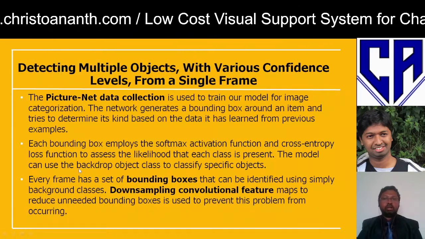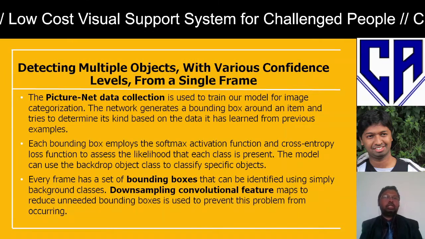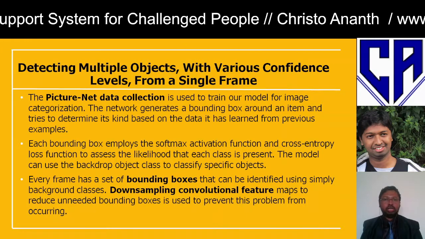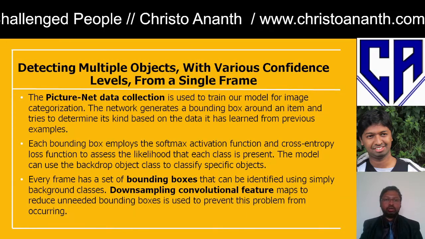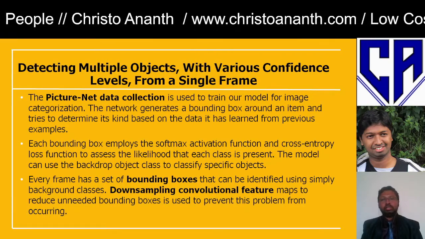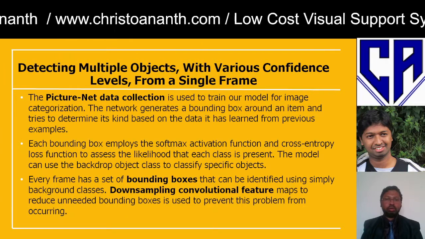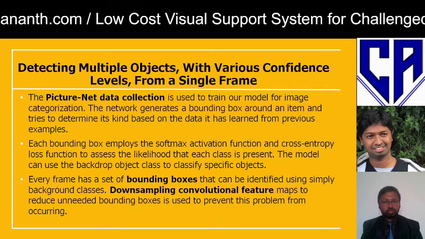So detecting multiple objects with various confidence levels from a single frame, we have a PicNet data collection system which is going to train our model for the image categorization, and definitely we will have a bounding box around an item, and we are going to determine its kind based on the data that we are going to feed from the previous example. So for each bounding box we will have a softmax activation function and a cross entropy loss function.